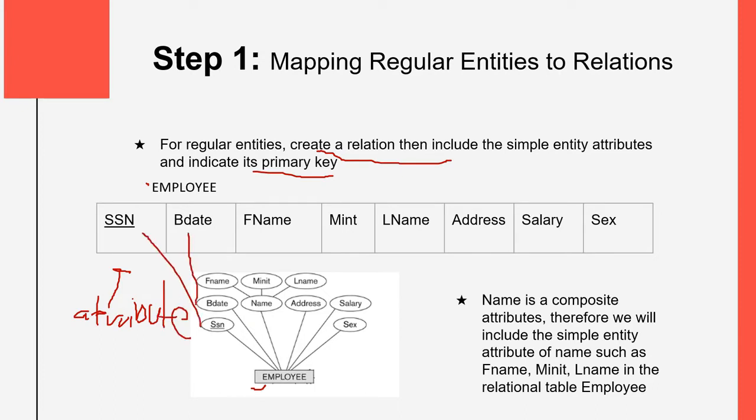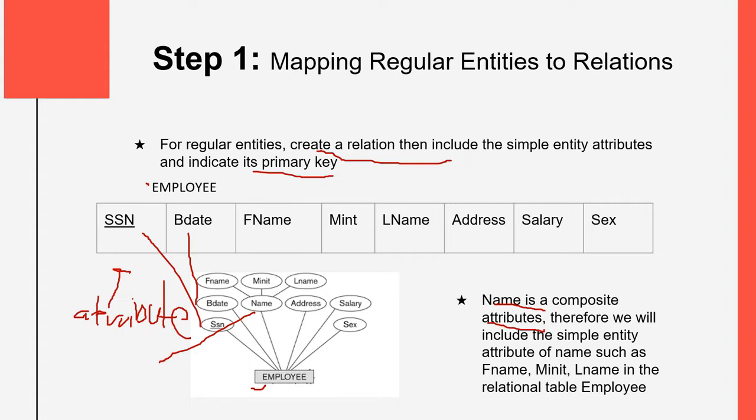birth date. And here, name is a composite attribute. Therefore, we will include the simple attributes of name, such as F name, middle name, and L name.